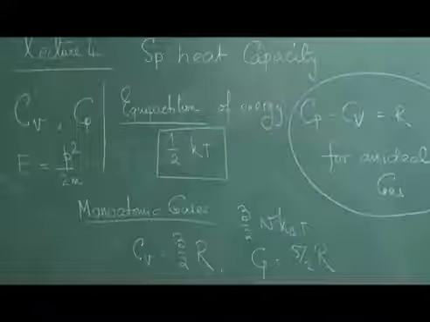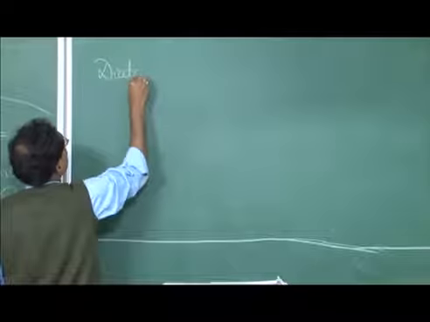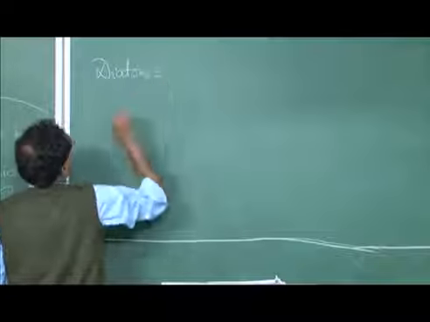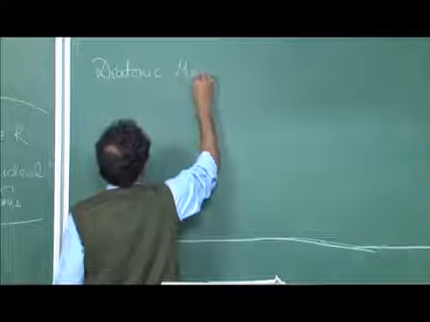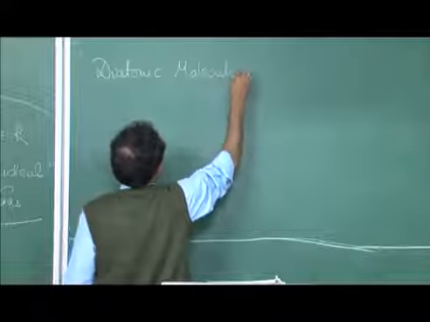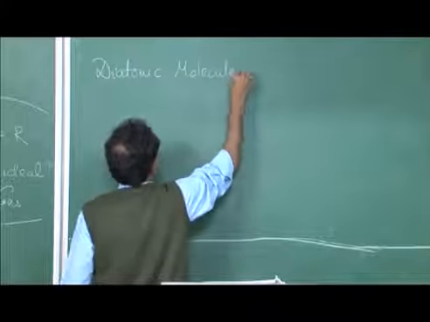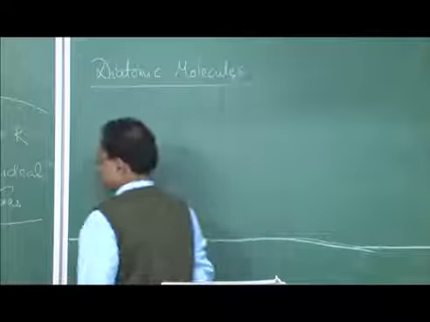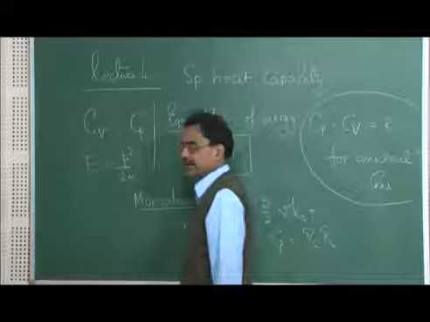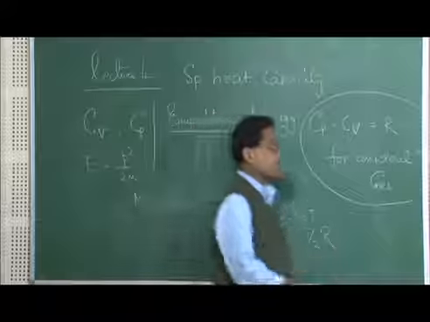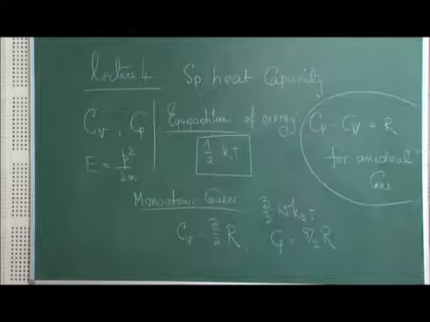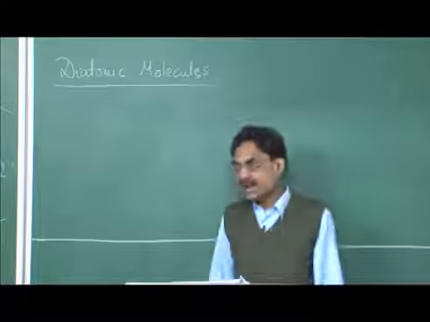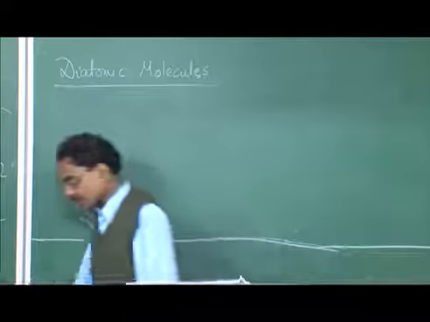If I go to diatomic molecules, we should be careful, because what I did in the last class is a rigid approximation. I will take you slightly beyond that and tell you vibrational modes also.